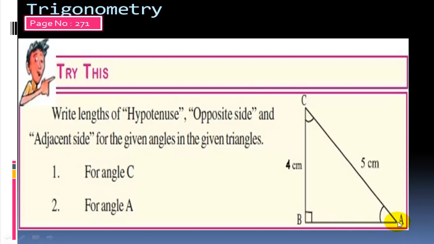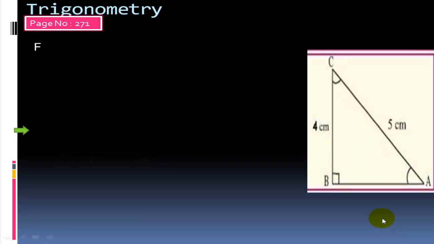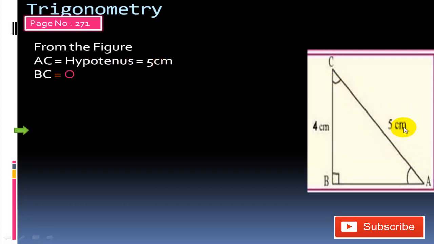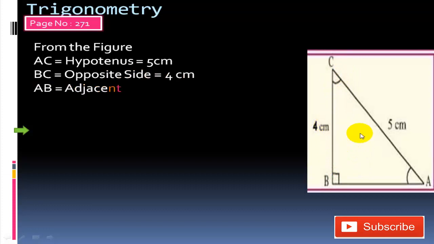So here AB is not given. That's why first we have to find the length of AB. From the figure, AC is the hypotenuse equal to 5 centimeters, BC is the opposite side, that is 4 centimeters, and AB is the adjacent side. This we have to find.